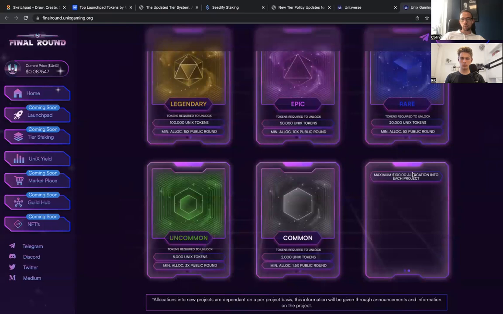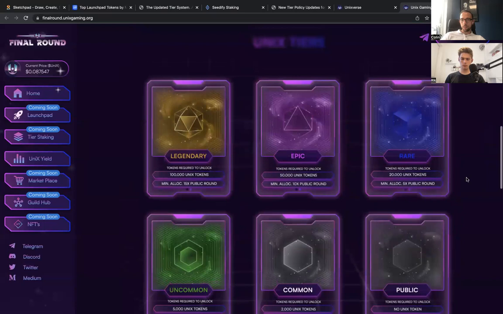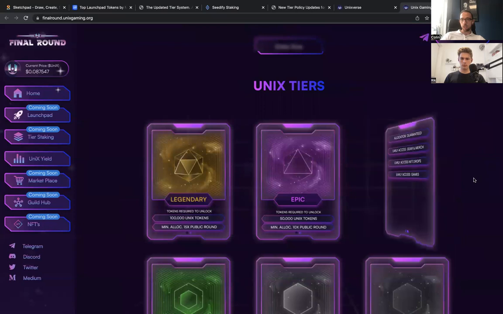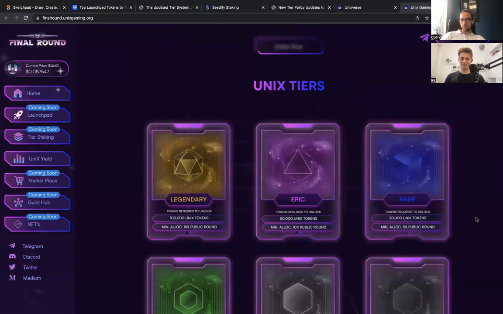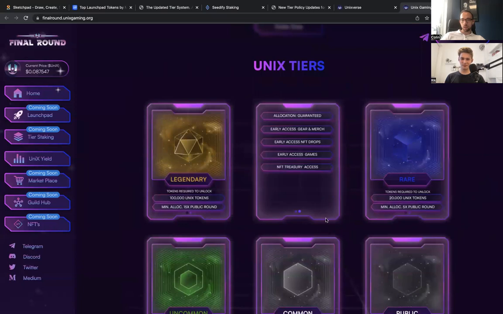So this is maximum 100. So this is maximum 300, right? Early access, NFT drops, early access, also marketing stuff. 20,000 tokens. Okay, here you get guaranteed allocation. And again, more marketing gimmicks. 5 times public round, 10 times public for 50,000 tokens. Here you have NFT treasury access, and that would be interesting for an investor, right?